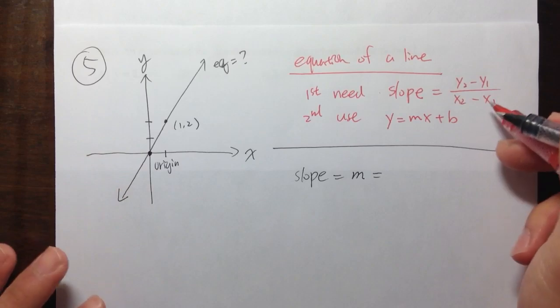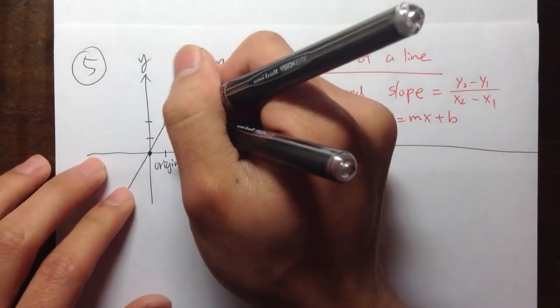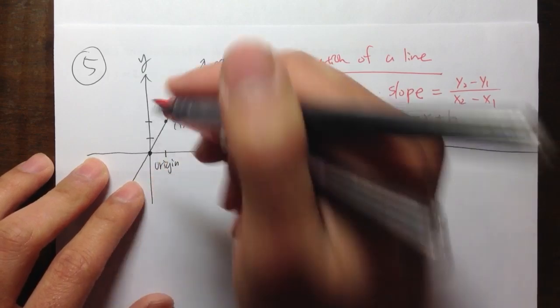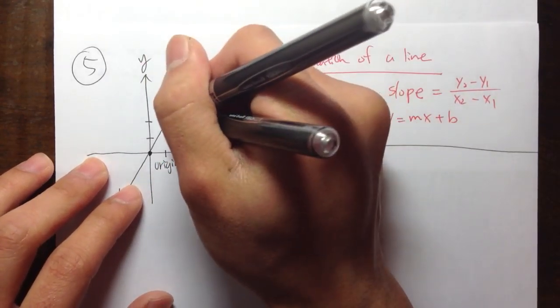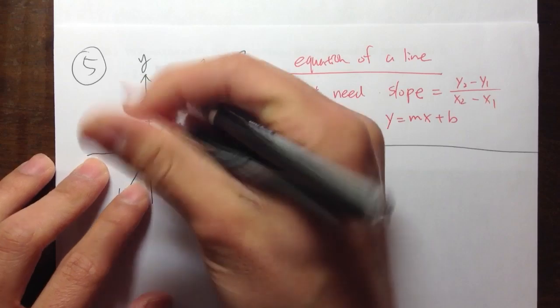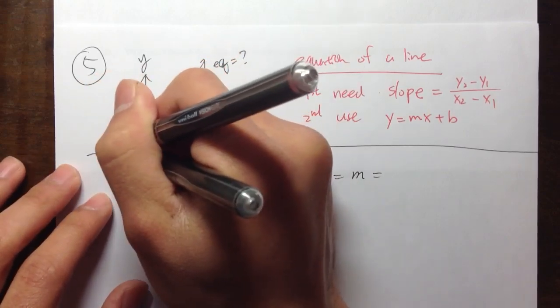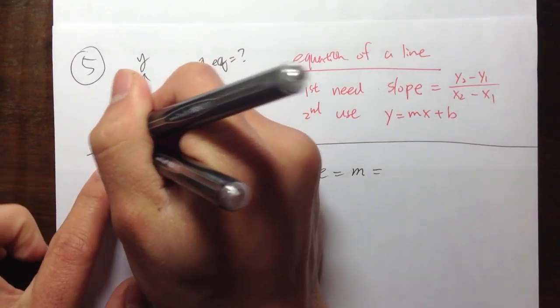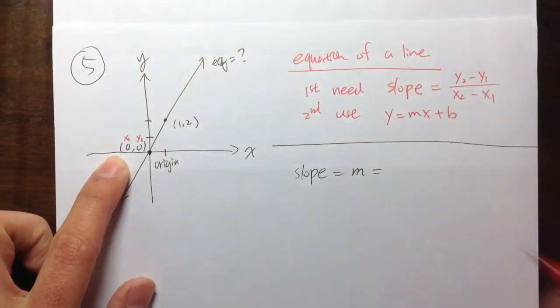I need to use the formula right here. So let's get back to the points. We need to use the points that we know. First of all, the origin is the first point that we know, right? Origin is (0, 0), and we can say this is my (x1, y1).